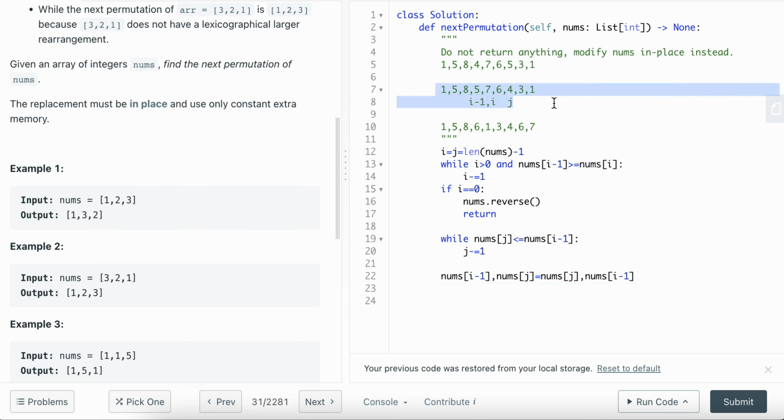Basically, we're already here. Once we did that, what we want to do is starting from the i position, reverse the rest of the array. How do we do that?